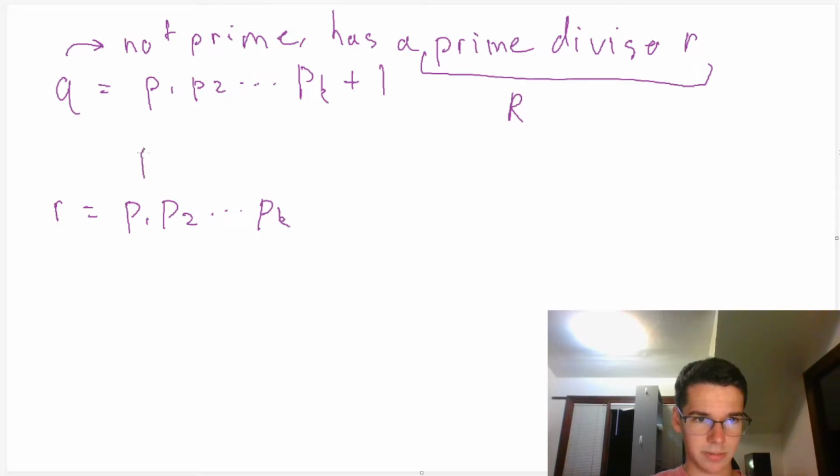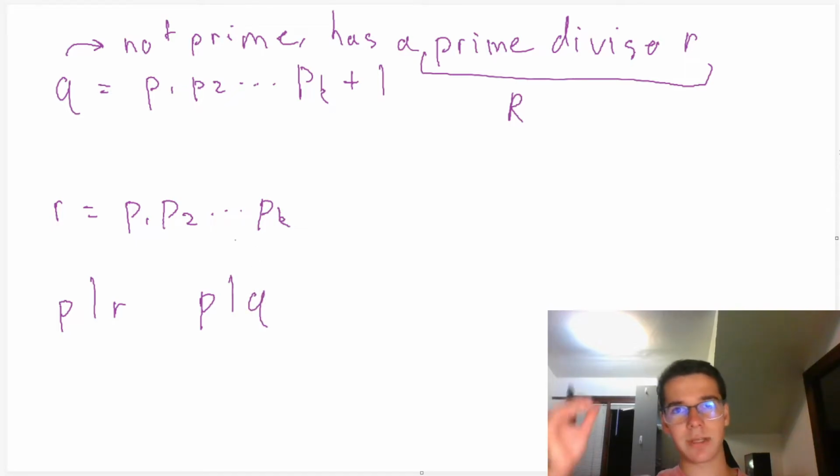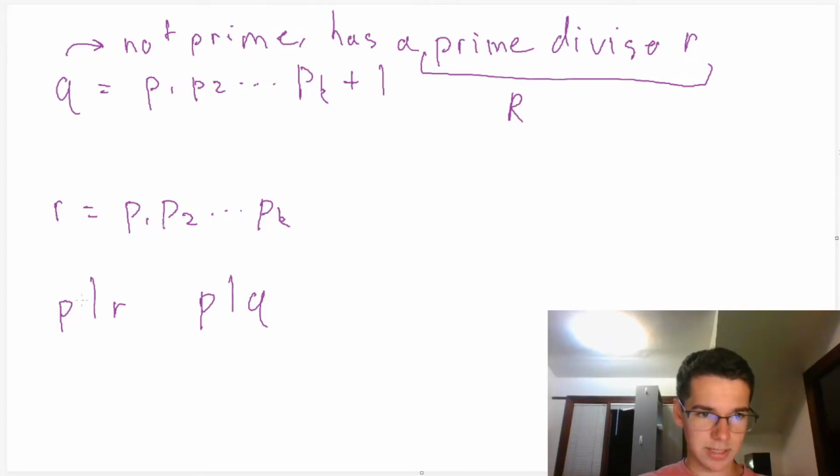So we can say, and we're going to represent a prime number as P, that P divides R. And as we said earlier, because Q is not a prime, it has a prime divisor. So it's the case that P also divides Q, okay? And then if we think back to the very first theorem that we wrote out, if P divides two quantities, then it's also true that P divides the subtraction of the two quantities, like this, right?